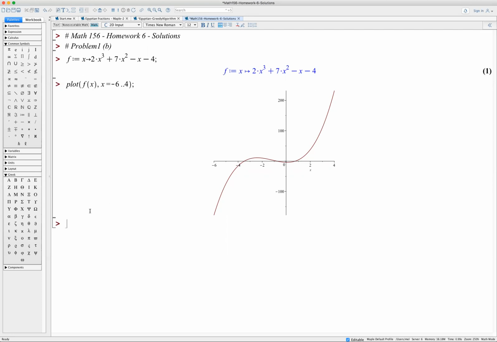So let's just make a little note. f of x is increasing when the derivative of f of x is positive. And f of x is decreasing when the derivative of f is negative.